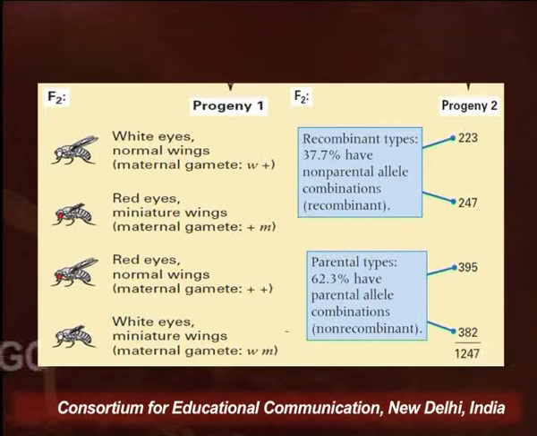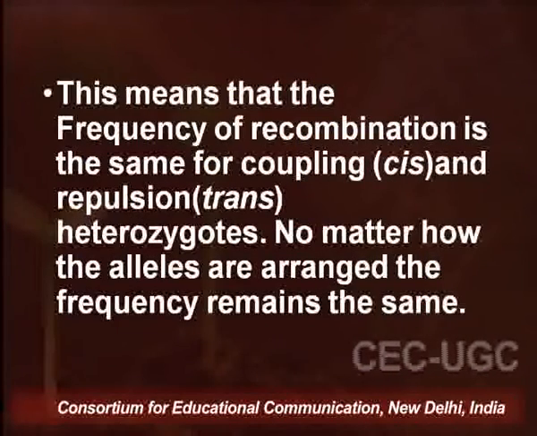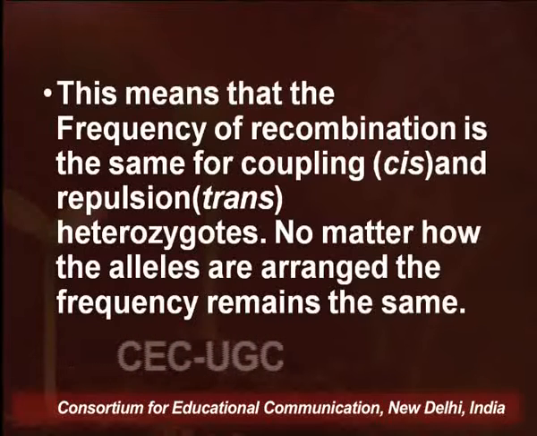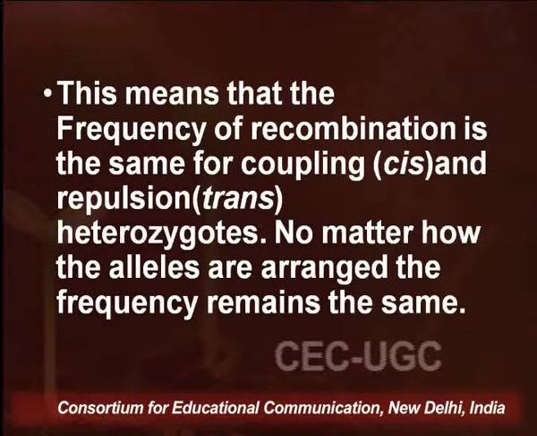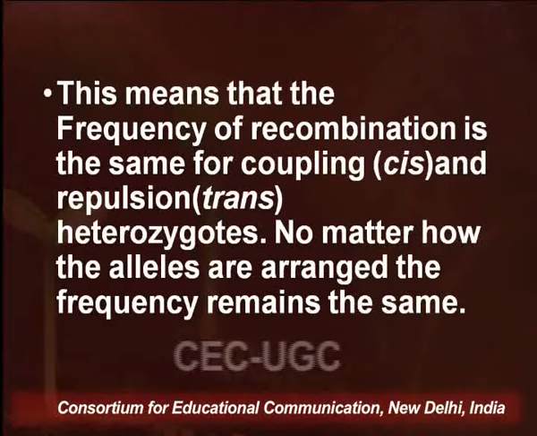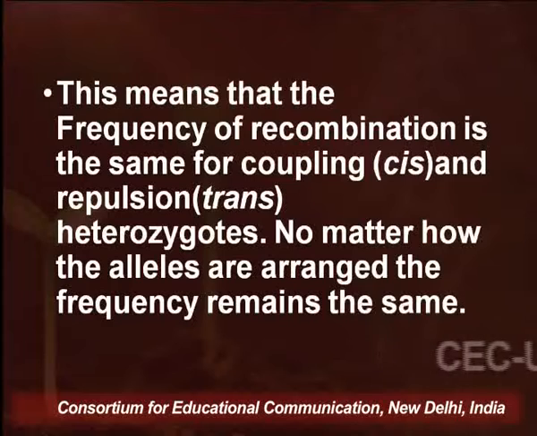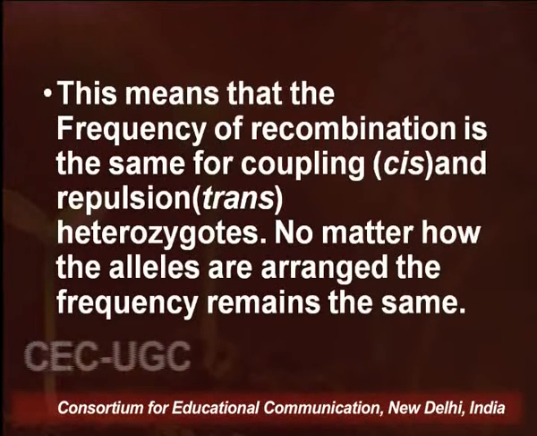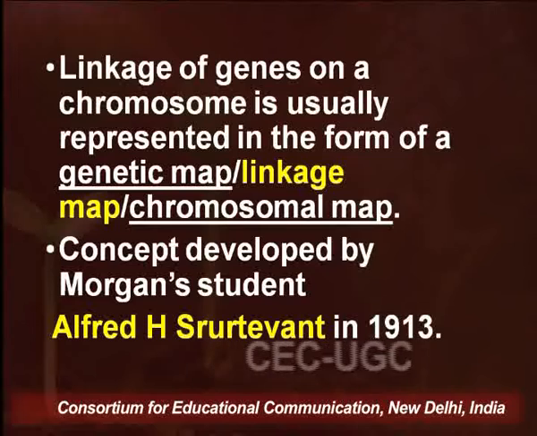And the parental types were 62.3, so this also happens to be quite near the 65% mark. So that gave a very clear idea that the frequency of recombination is the same if we are talking about a coupling situation or a repulsion process, that is of the heterozygotes. So it really doesn't matter how the alleles are arranged, the frequency seems to be similar.